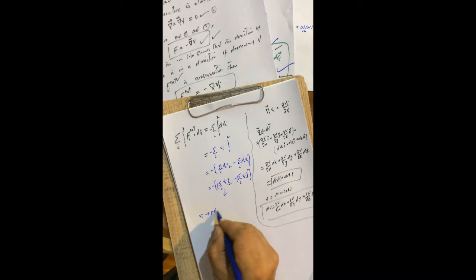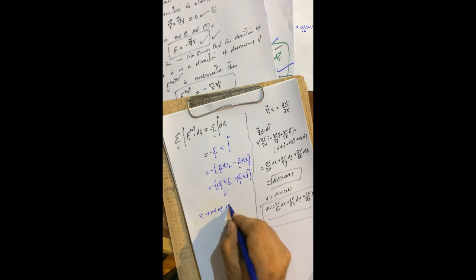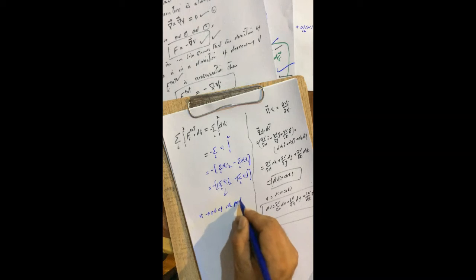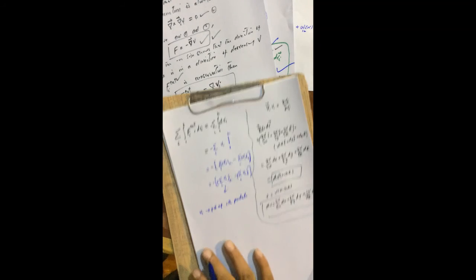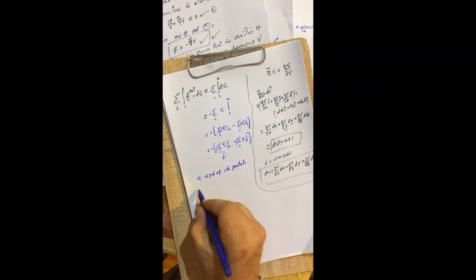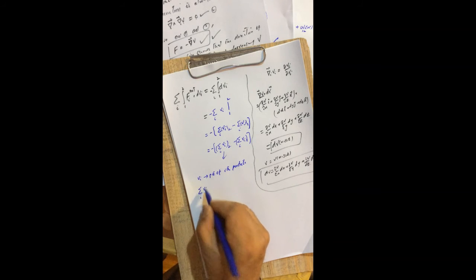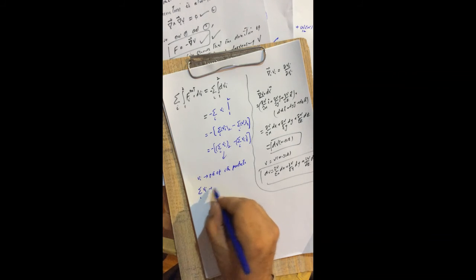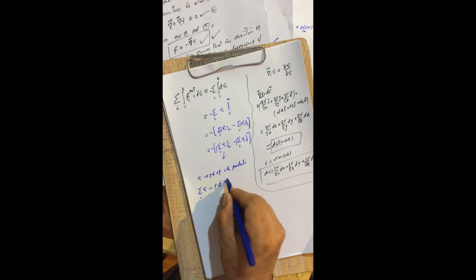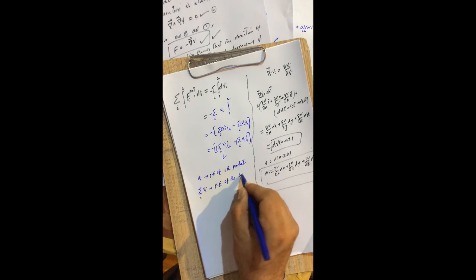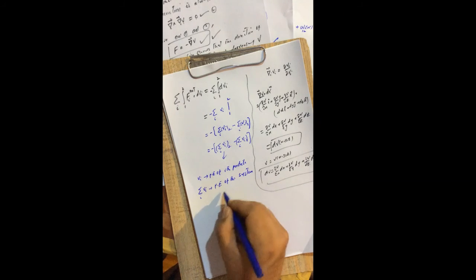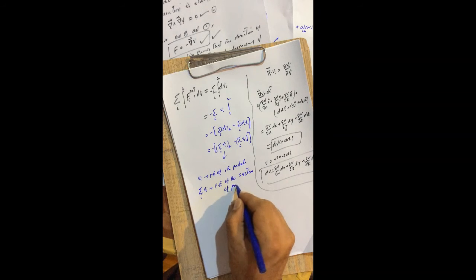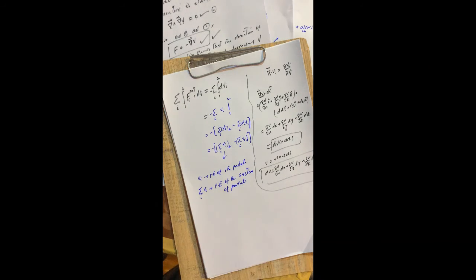Now this term V_i basically represents the potential energy of the ith particle. So the sum over i of V_i represents the potential energy of the system of particles.